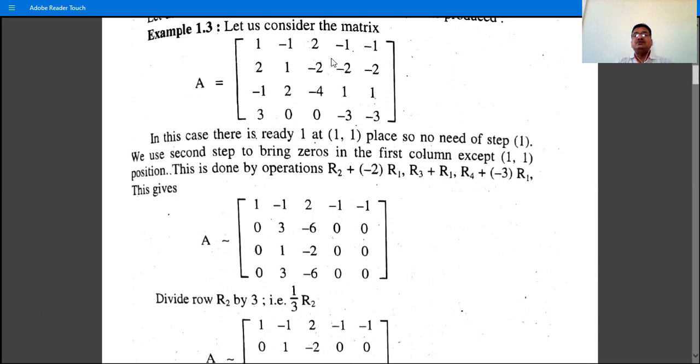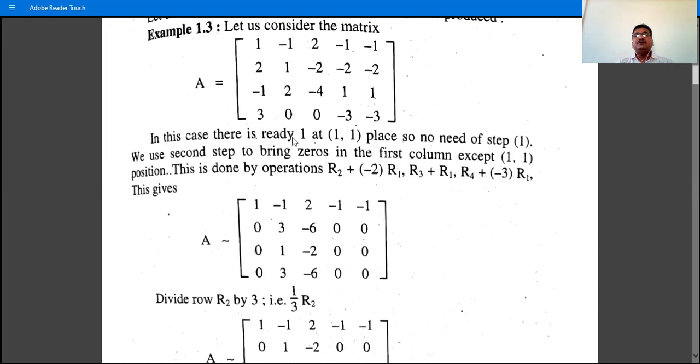Then -2 into 2 is -4, and -2 becomes -6. Then -2 into -1 becomes plus 2, and -2 is 0. Then R3 plus R1, just add the first row to the third row. So -1 plus 1 is 0. Then -1 and plus 2 become 3.